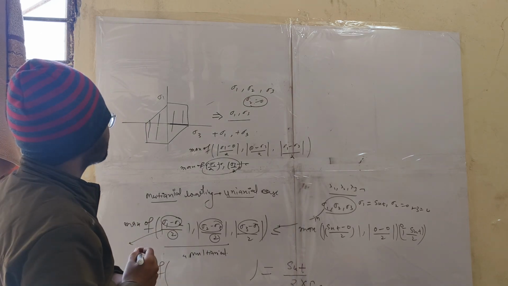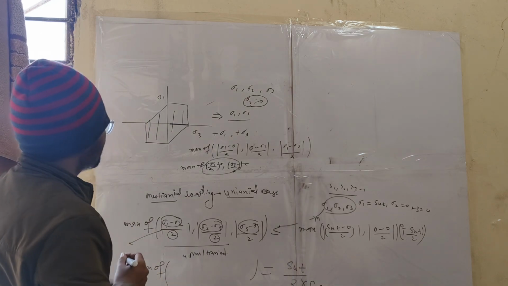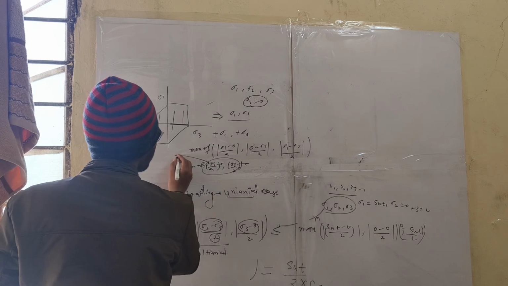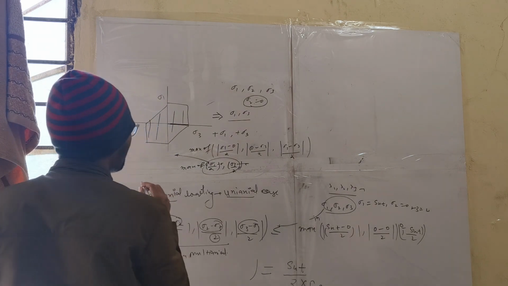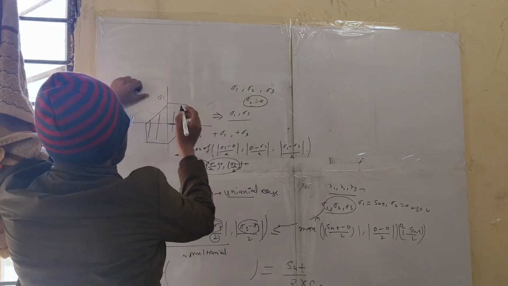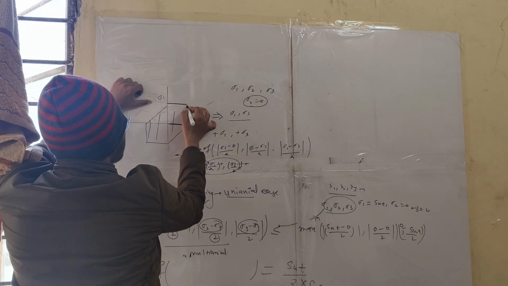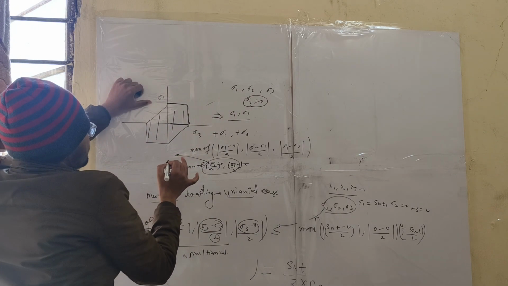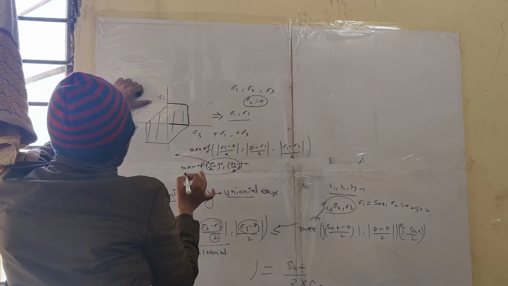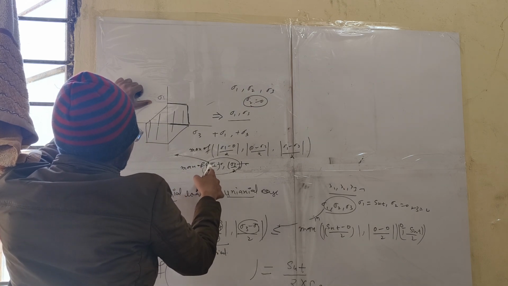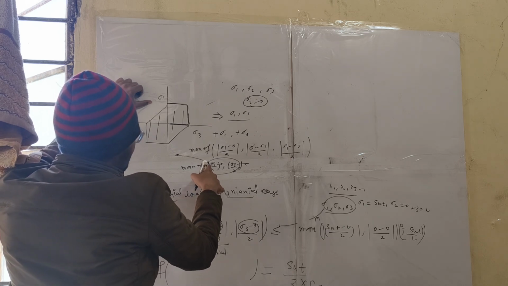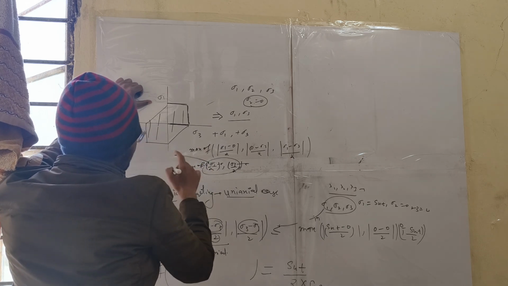How can you understand that? Basically with sigma 1 and sigma 3, it depends on the value of sigma 1 and sigma 3.